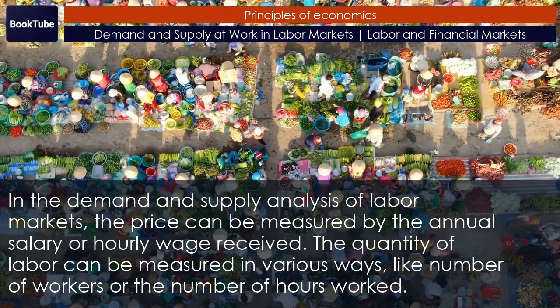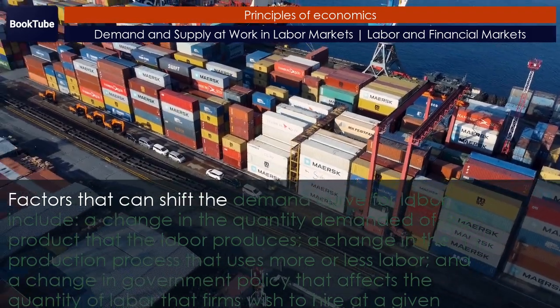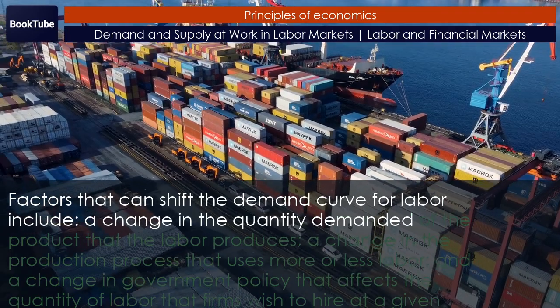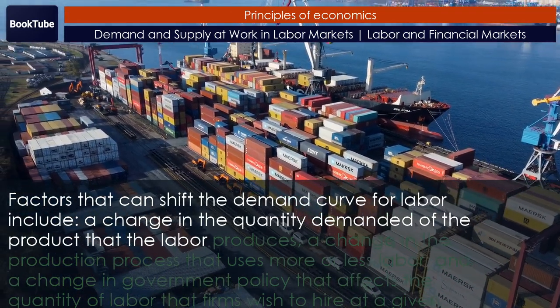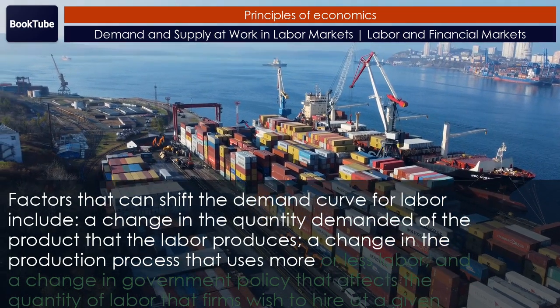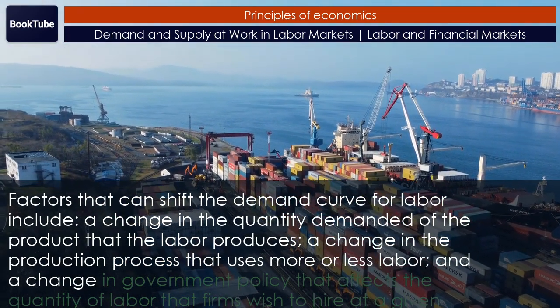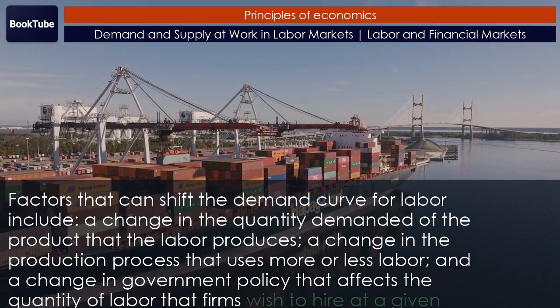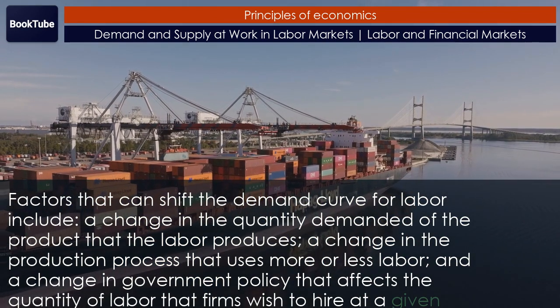hours worked. Factors that can shift the demand curve for labor include a change in the quantity demanded of the product that the labor produces, a change in the production process that uses more or less labor, and a change in government policy that affects the quantity of labor that firms wish to hire at a given wage.